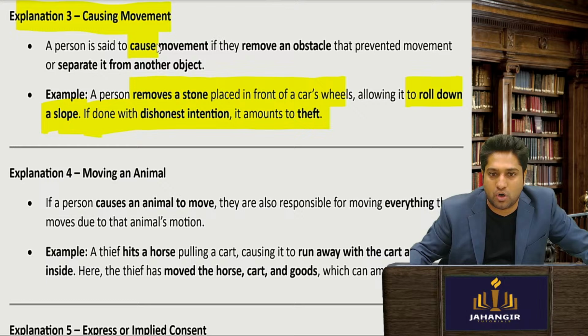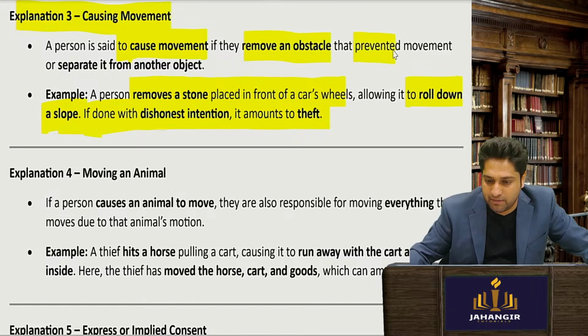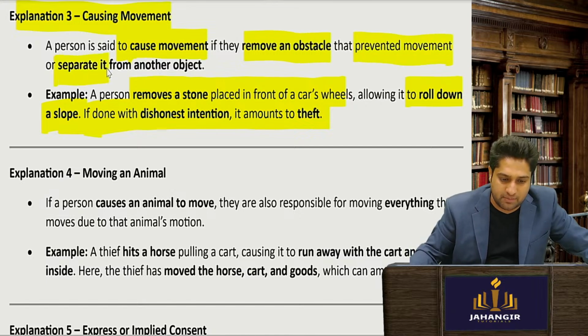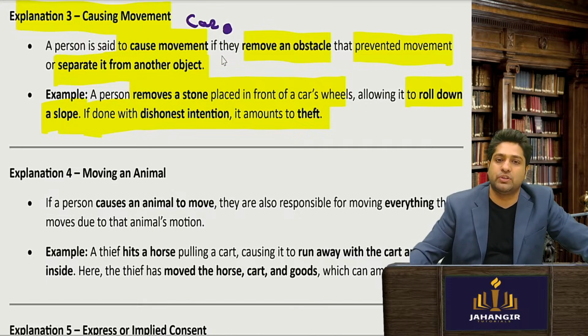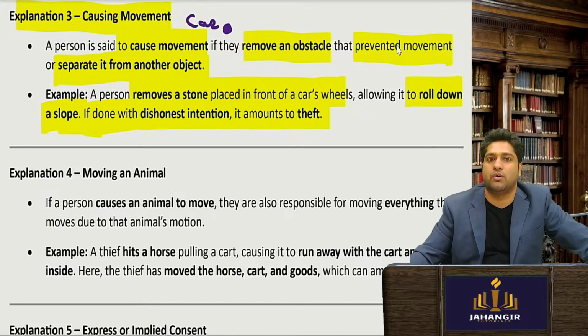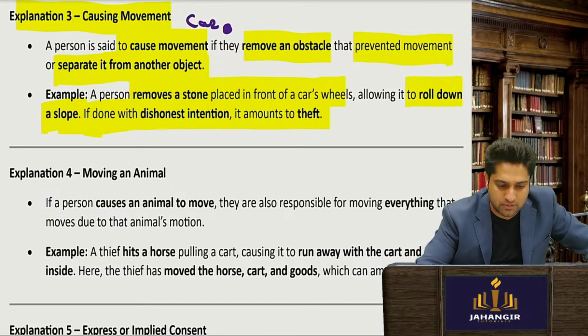A person is said to have caused a movement if they remove an obstacle that prevented the movement, or separate it from another object. So a car, where it was stopped by a stone, you move the stone, automatically it goes out. So that causing of movement will also come.